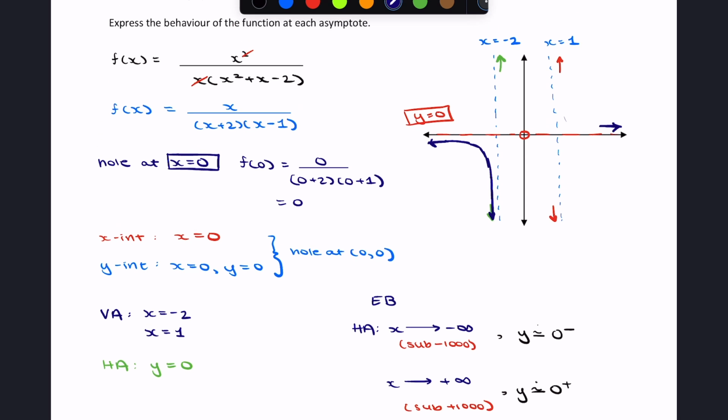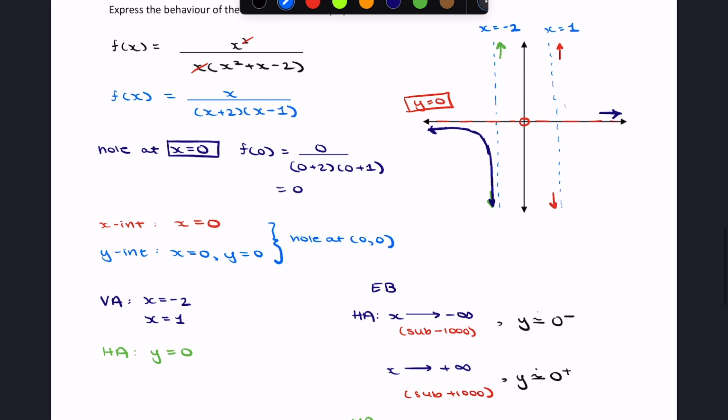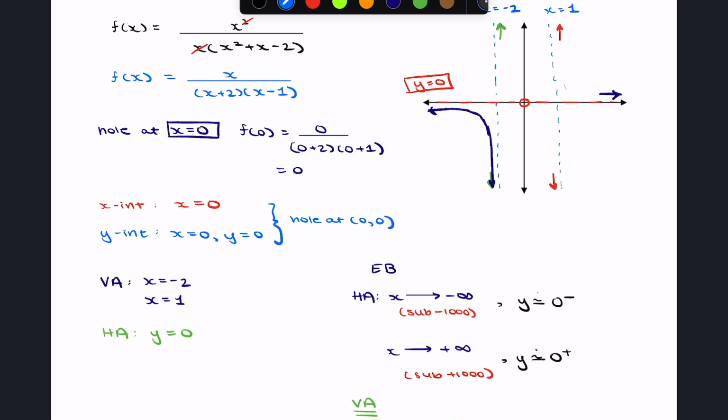Then as x approaches -2 from the right, you see here that it starts at positive infinity, will pass through the hole, and then as x approaches 1 from the left, it will now go to negative infinity. And then as x approaches 1 from the right, it starts at positive infinity, and then as x approaches positive infinity, y will be above 0. And so that's what our final graph will look like.